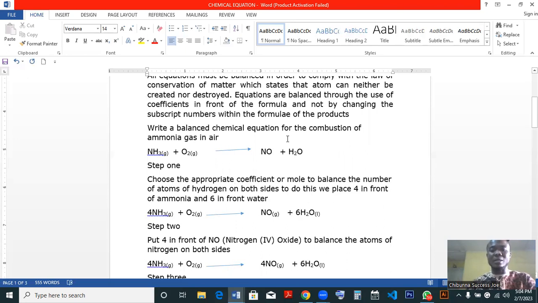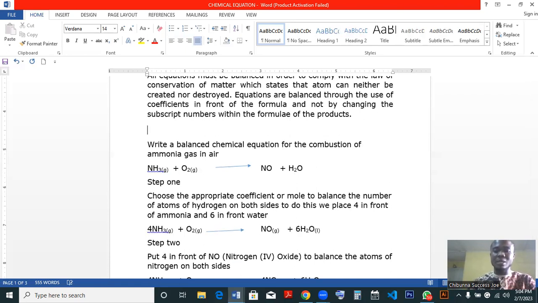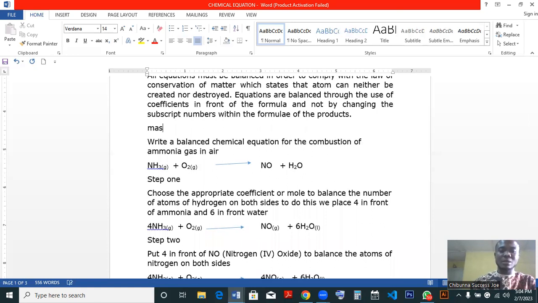Remember, the law of conservation of mass says that atoms can neither be created nor destroyed. You don't destroy an atom. So what it simply means is that the mass of reactants is equal to the mass of products.